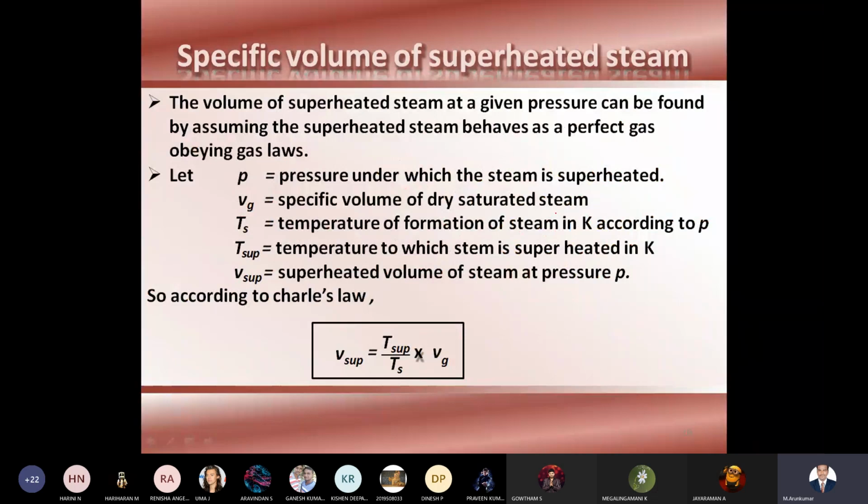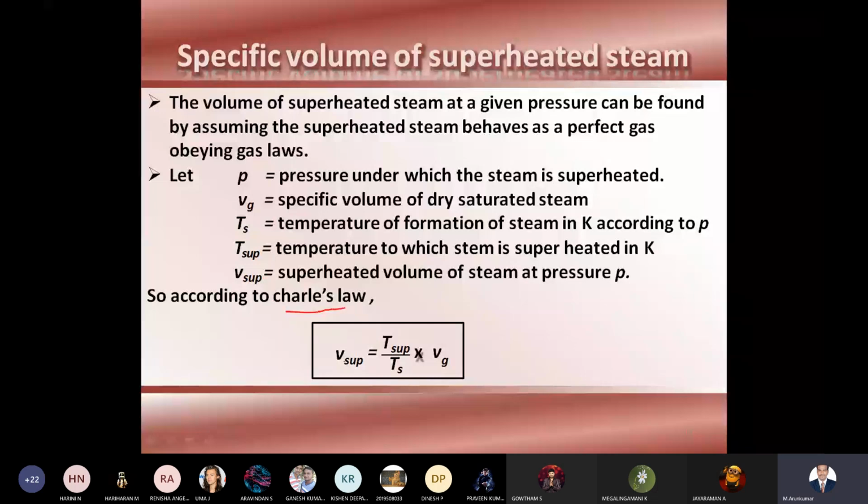Then the volume of superheated steam at a given pressure can be found by assuming the superheated steam behaves as a perfect gas. That superheated steam will be like a gas that obeys the gas law. So we know PV is equal to constant, and the PV equals mRT formula can be taken accordingly.